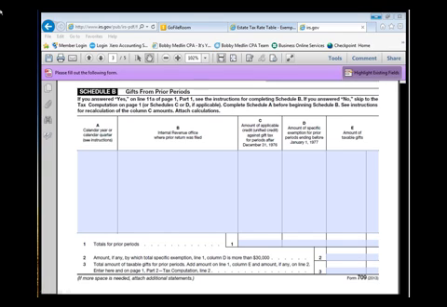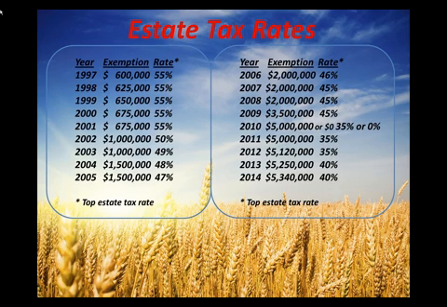So this is a permanent record for someone's estate. It tracks the amount of the exemption that's been used for that person's lifetime. So one of the first things you should do in planning is find out if anyone's made any taxable gifts in the past, and get a hold of that most recent Form 709.